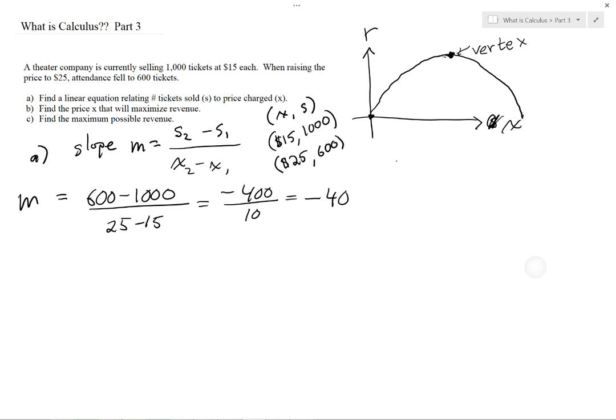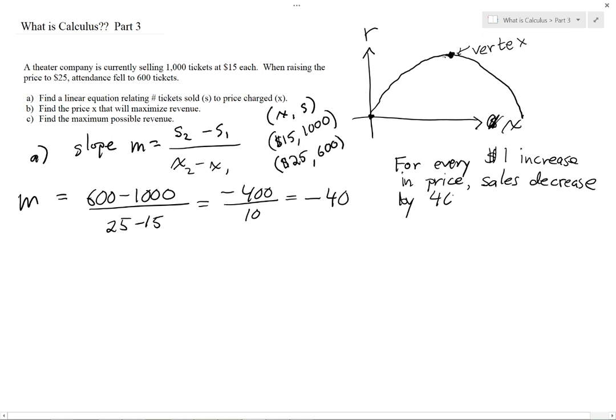So we could say for every $1 increase in price, sales decrease by 40. Negative 40 is a decrease, that's why it's a negative number.